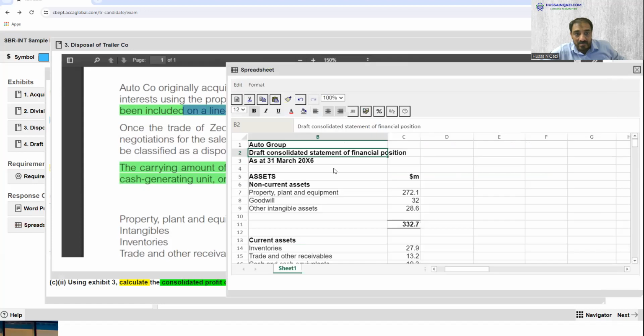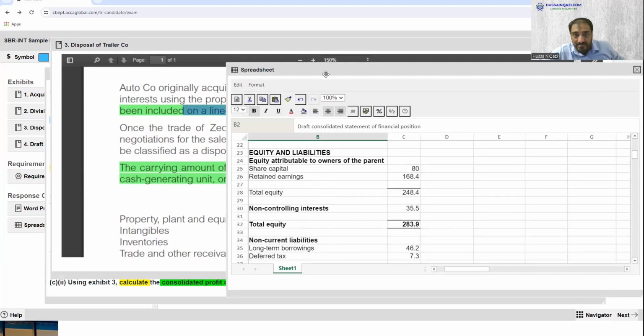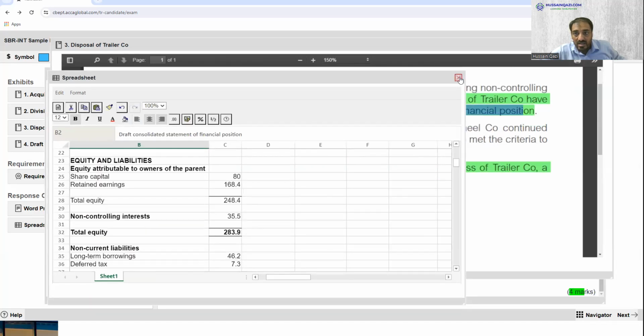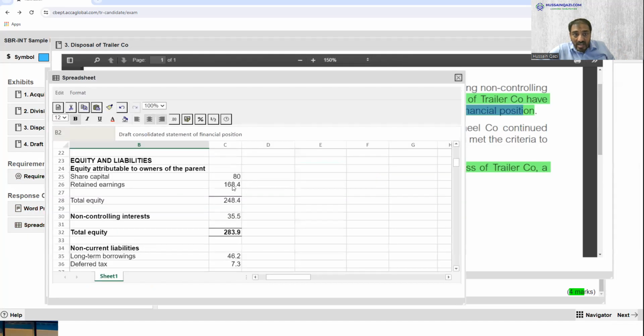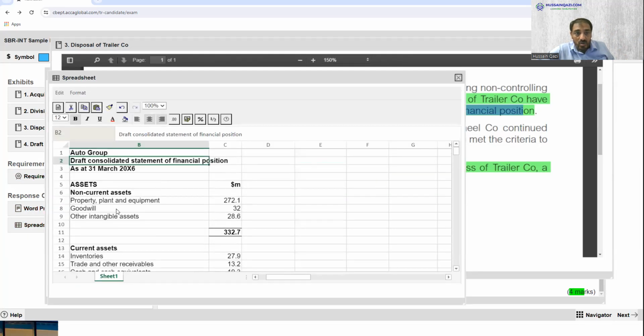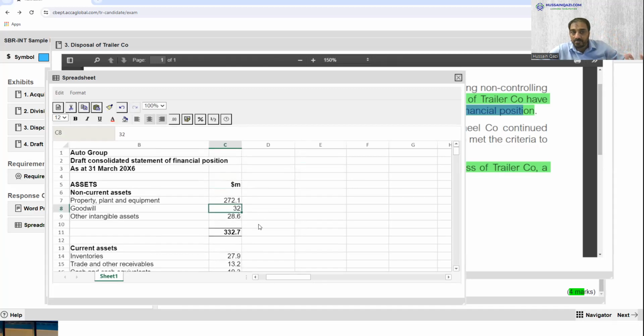That means with this consolidated balance sheet available, line by line basis, all trailer assets and liabilities are already included, including goodwill, the goodwill of 32, that's already included.